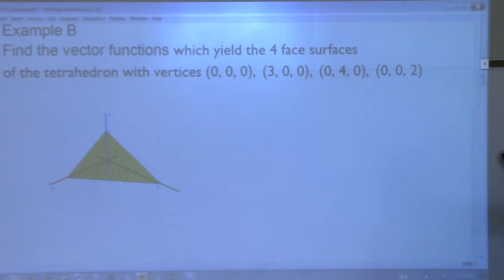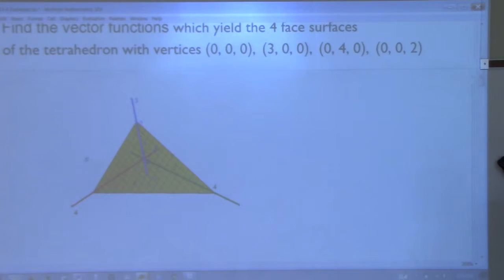So you actually have 4 surfaces here, right? That doesn't want to spin around very nicely for me, but you get it, right? 4 surfaces. I'm going to have to come up with 4 separate vector functions to draw each surface.